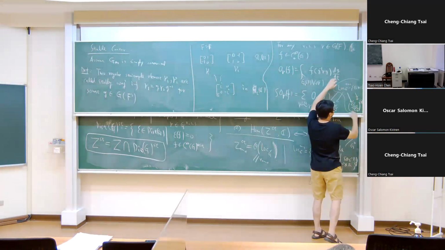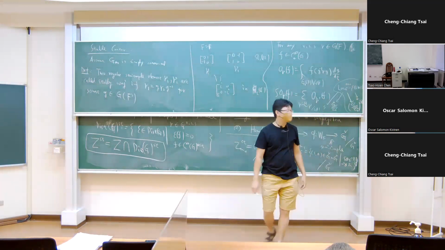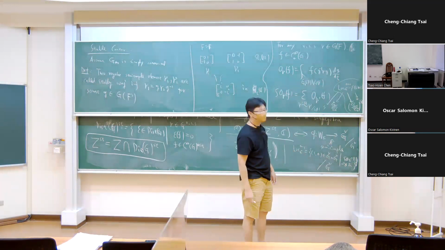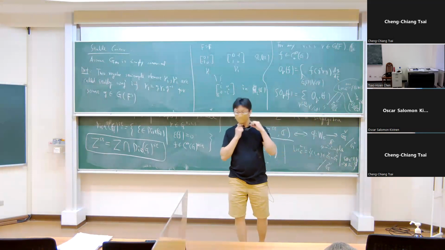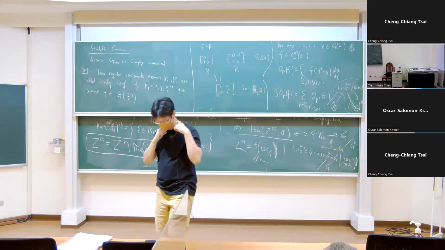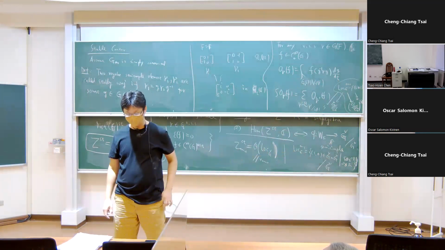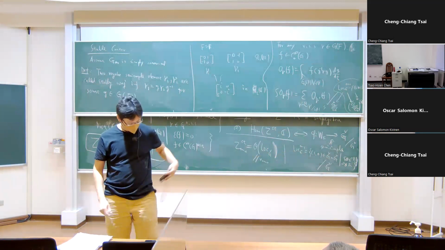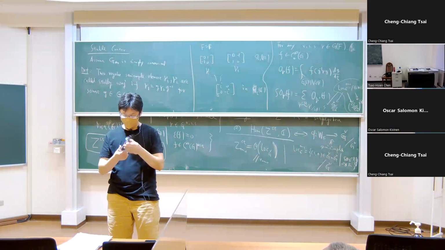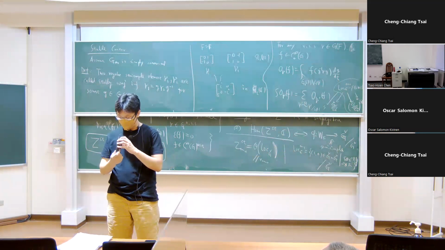Wait, sorry. Can you hear Tsao-Hsien? Barely. I think it's coming through your mic, probably. Is it better? Not really. Is it open? Is it a green line or something? Horrible.